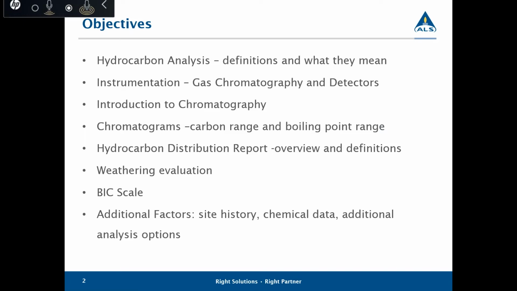Okay. So the objectives for today's presentation are to go very quickly over the hydrocarbon analysis and the definitions of what they mean, looking into the instrumentation used for gas chromatography and the detectors, an introduction to chromatograms, going over the carbon ranges and boiling point ranges, and looking into the hydrocarbon distribution reports, which we call chromatograms, in overview, evaluating them, and looking at the weathering evaluation.